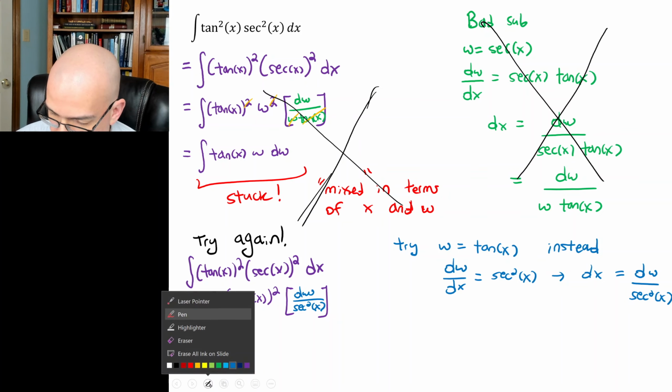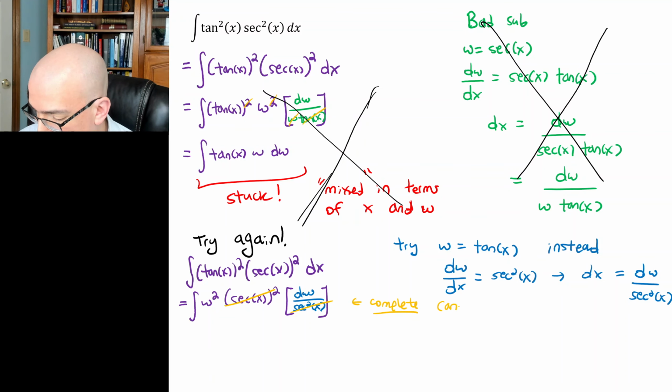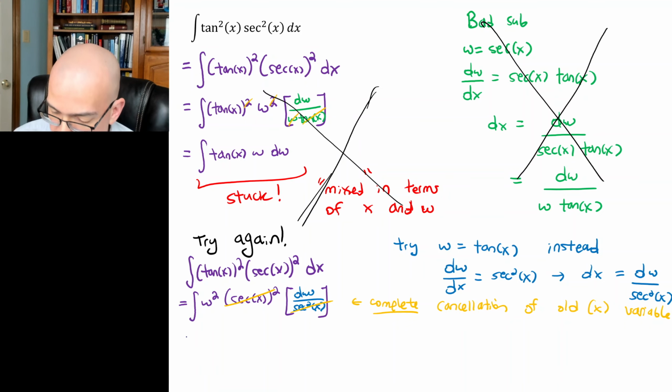And look what happens. This time we have a complete cancellation happening. The x variable is gone, it has completely disappeared. So now we have the antiderivative of w squared.